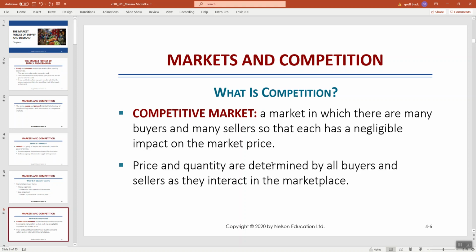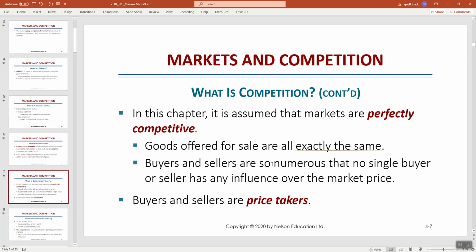Or it could really ramp up its production of something, and it could independently change the market price of phones, or the market price of phone plans, because they're so large. And so that really isn't a good example of a competitive market because there is a disequilibrium of range in terms of influence on the price of a good or a service. Okay, so you want everyone to be equal. You want lots of buyers and you want lots of sellers.